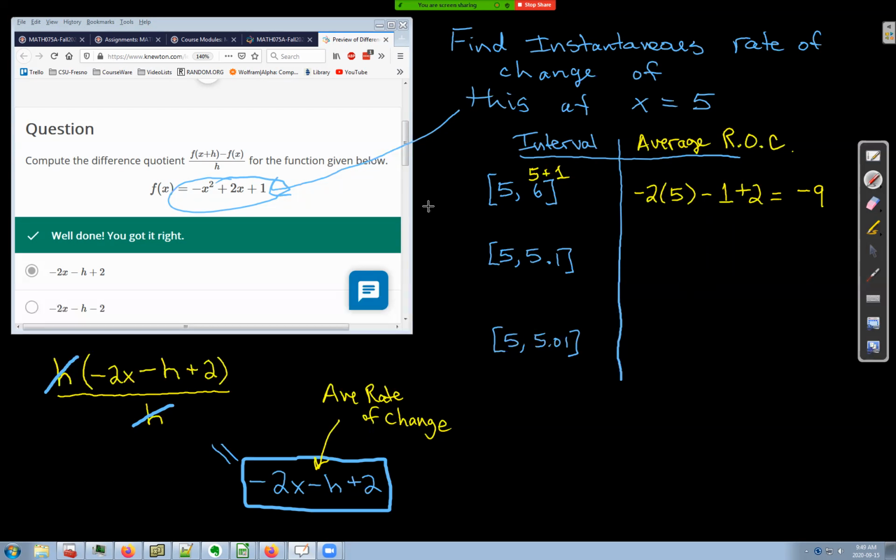Well, because the idea here is that x is equal to 5. We said that right here. We said x is equal to 5. So I'm going to put 5 into that formula right there because x is equal to 5. And h is what we're adding to 5 to get the second number.